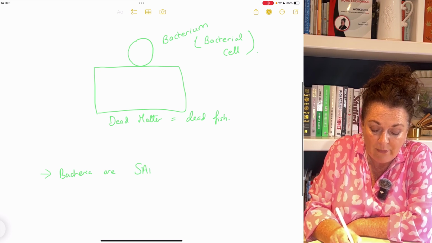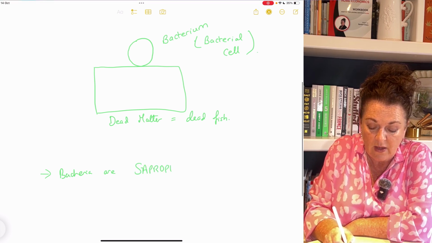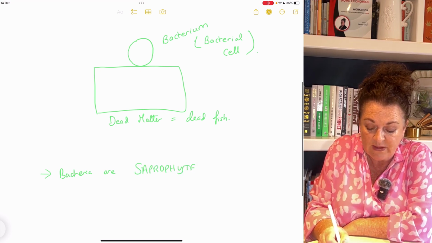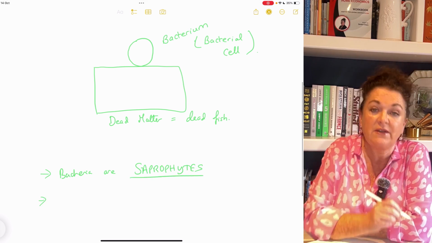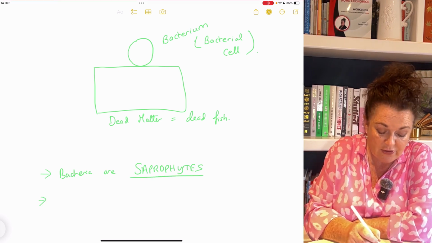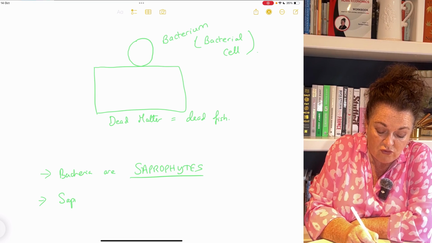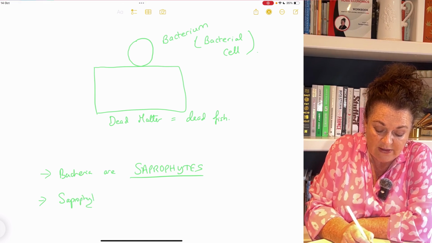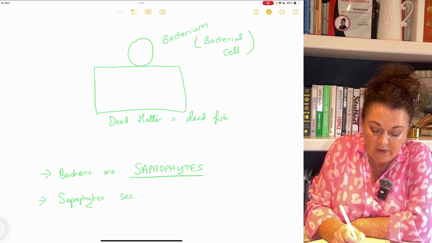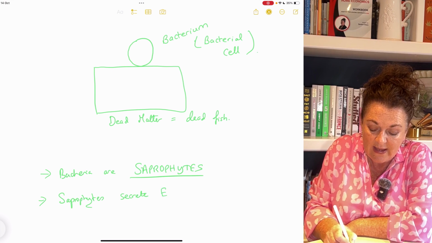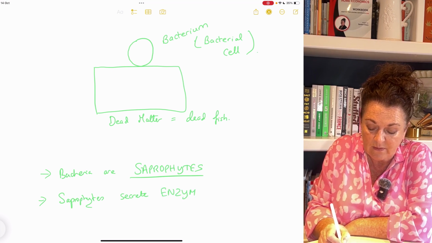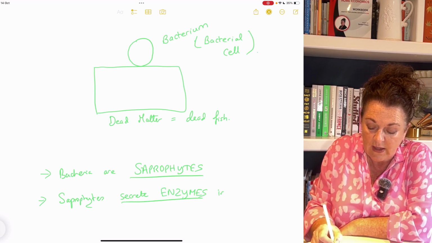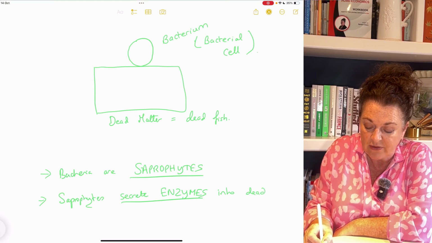are saprophytes. Now, saprophytes, we said before, they live off dead or decaying matter, but also they secrete enzymes into that dead matter. So saprophytes secrete enzymes into dead matter.